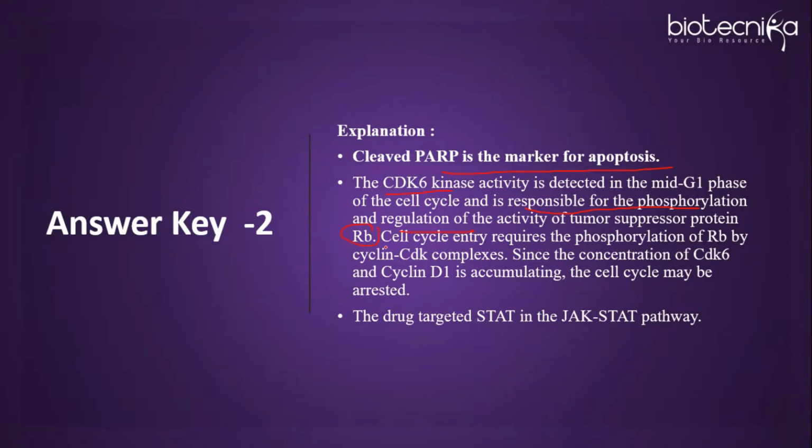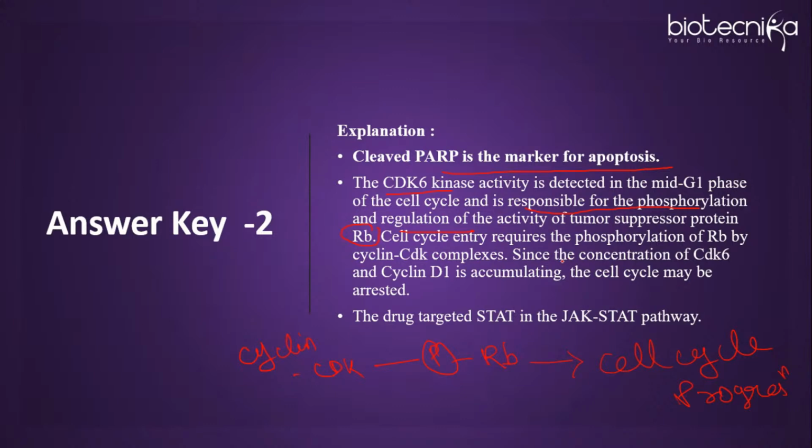You know the connecting link between RB gene and the CDK cyclin, right? Cyclin CDK is responsible for phosphorylating your RB gene. Once RB is phosphorylated, this leads to what? Cell cycle progression.